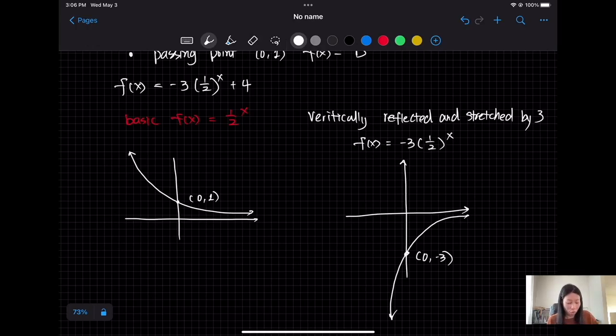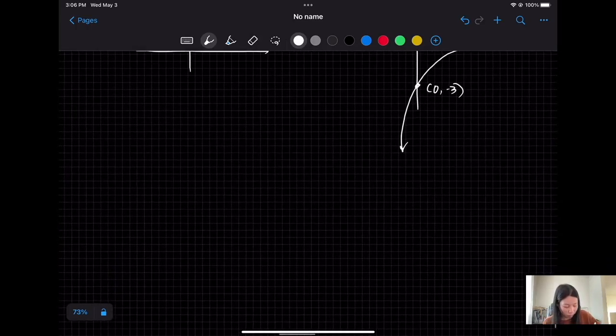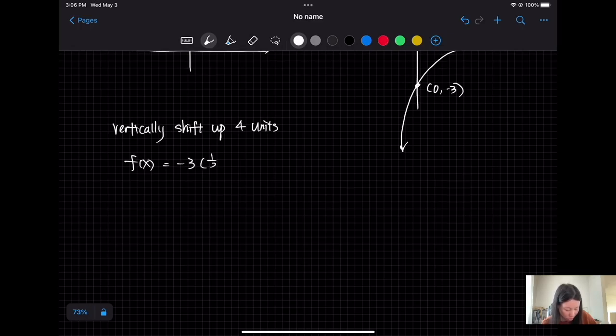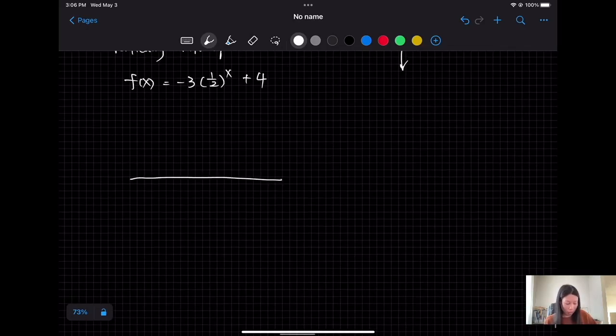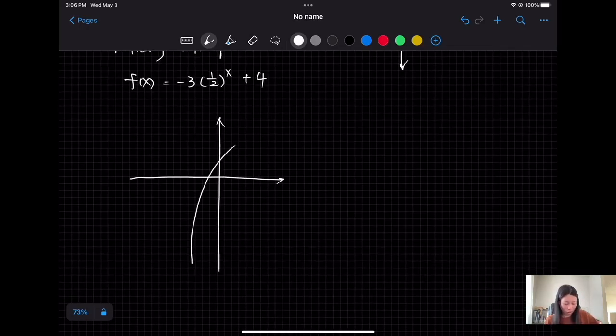And then you add 4. After you add 4, the function is going to be vertically shifted up 4 units. So from the previous function, which is -3(1/2)^x + 4, our function is going to look like this one.